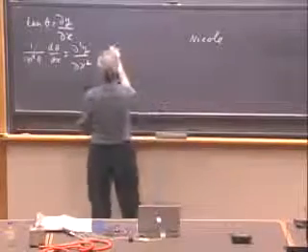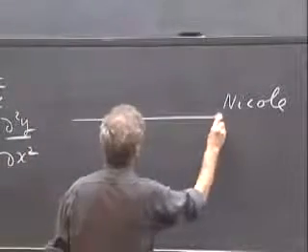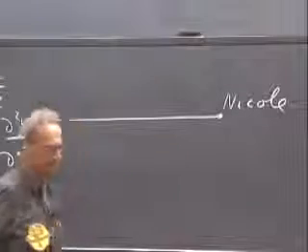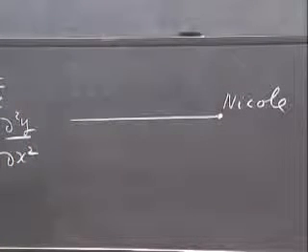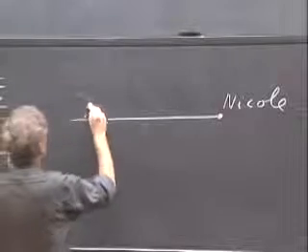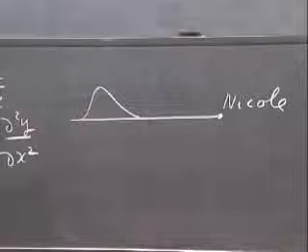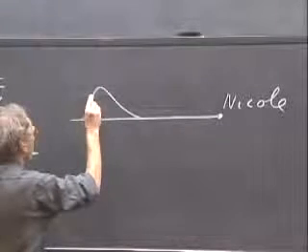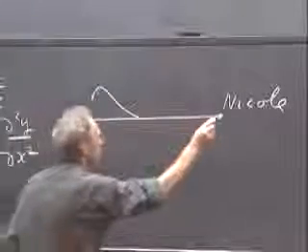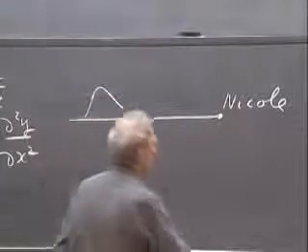I'll put it here. This is the end. And my pulse came in. This is the pulse. And let us evaluate the moment in time that this part of the pulse reaches Nicole. You ready for that?